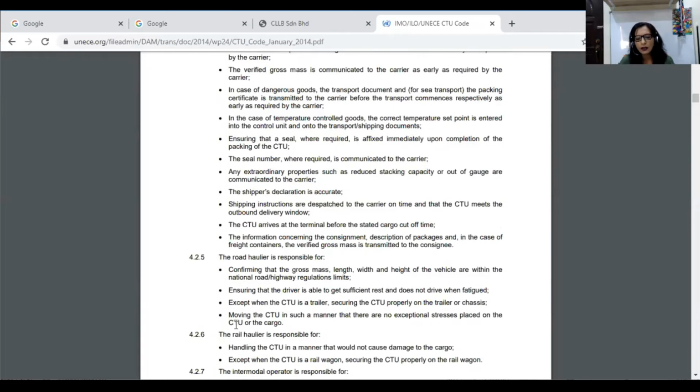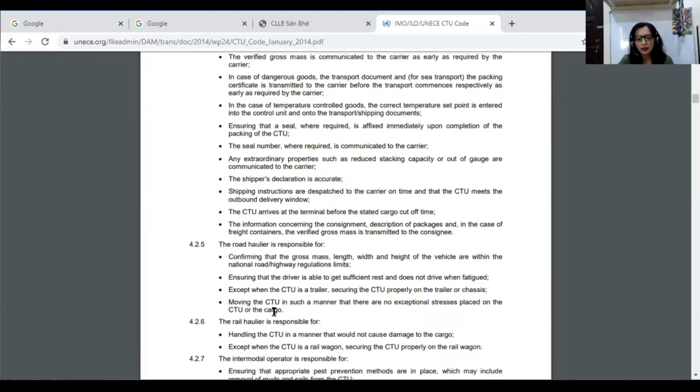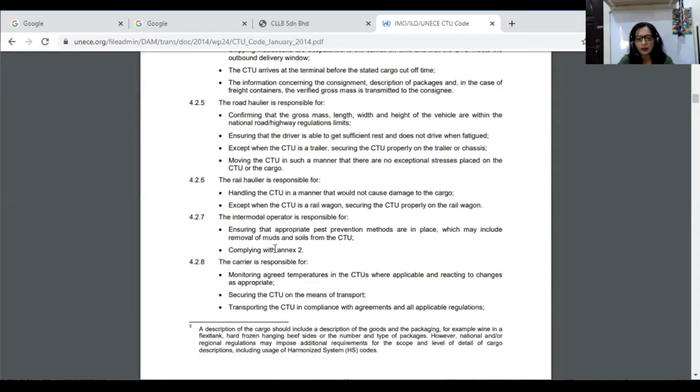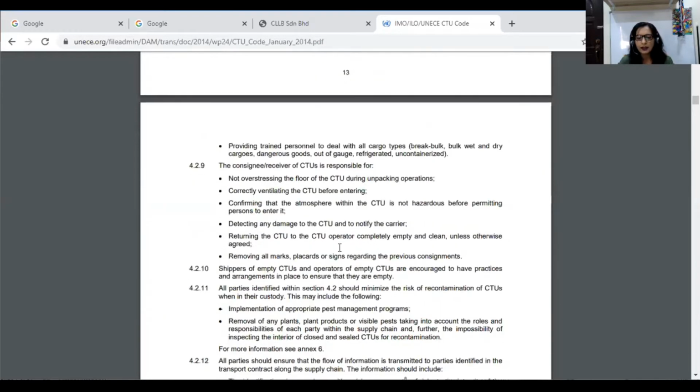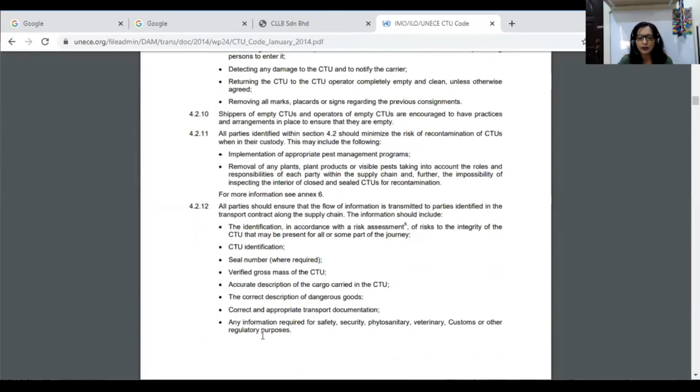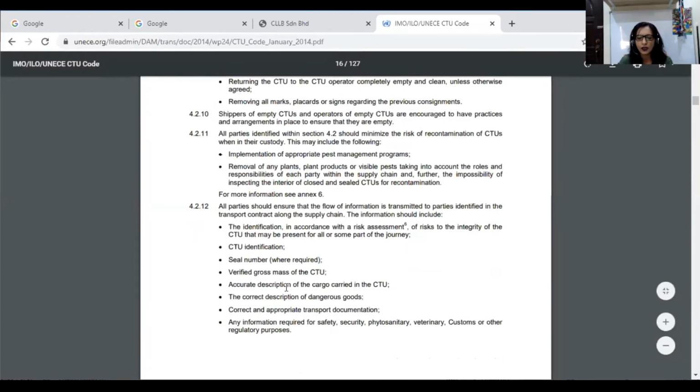And then here they talk about the road haulier's responsibility, the rail haulier's responsibility, the carrier's responsibility, the consignee's responsibility, and then shippers of empty CTUs. So these box operators and all that, that information is here as well.